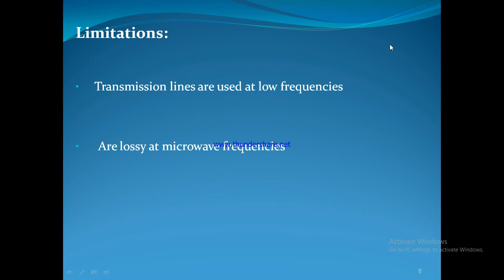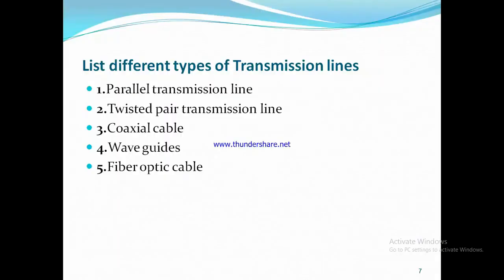The transmission line consists of resistance, inductance, capacitance and conductance. We have five types of transmission lines: parallel transmission line, twisted pair transmission line, coaxial cable, waveguides, and fiber optic cables.